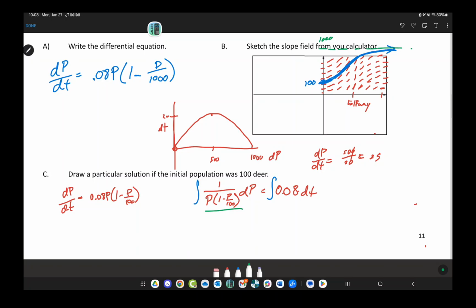Then it increases essentially. Yeah, so all the slopes are positive everywhere until we get to 1,000. Once we get to 1,000, again, it does go back down, but technically we still use that as an asymptote.